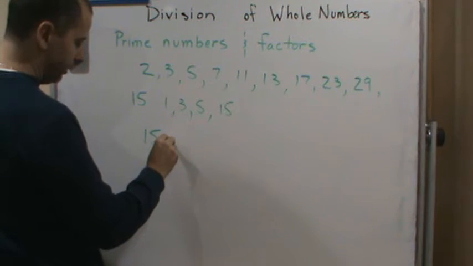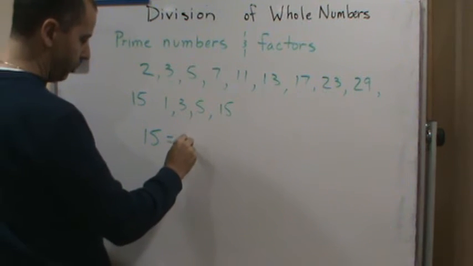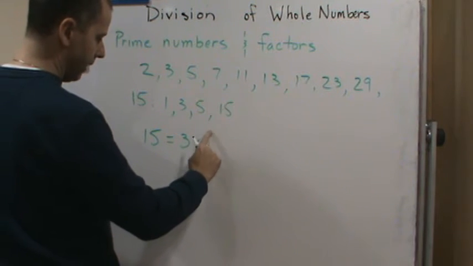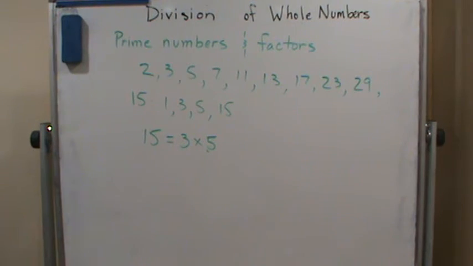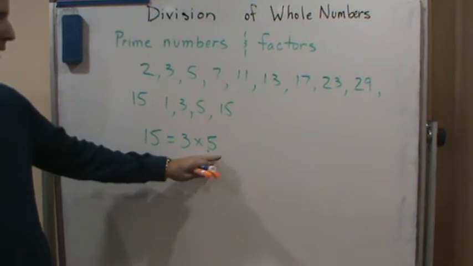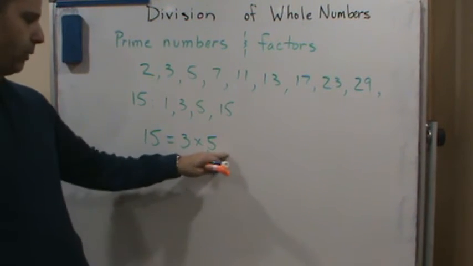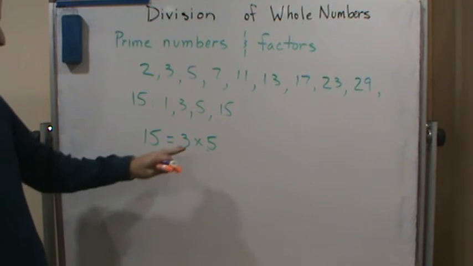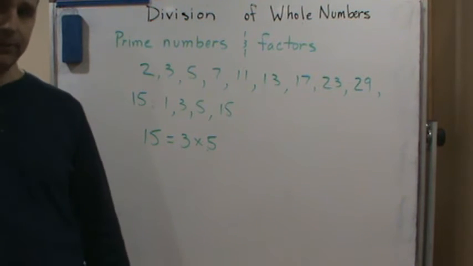Well, it would be 3 times 5. Right? So this is the only way I can represent 15. In fact, no other number can be represented with this set of primes. Okay? None. So this would be the prime factorization of 15.